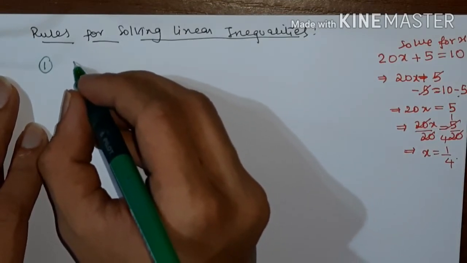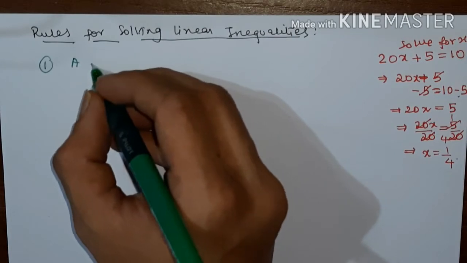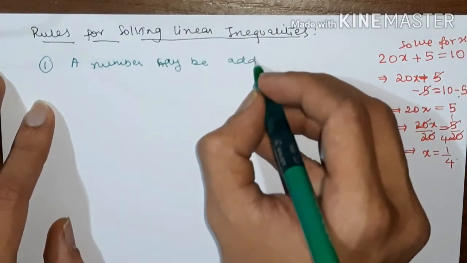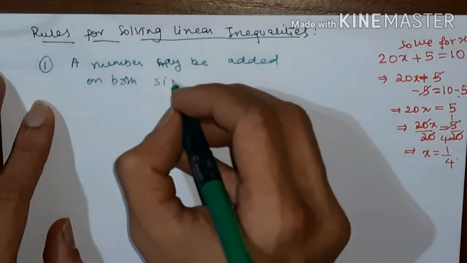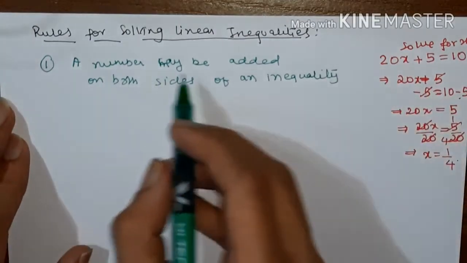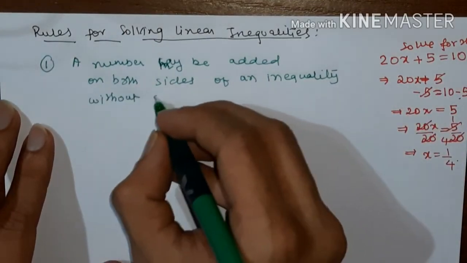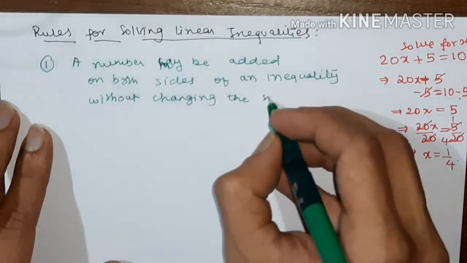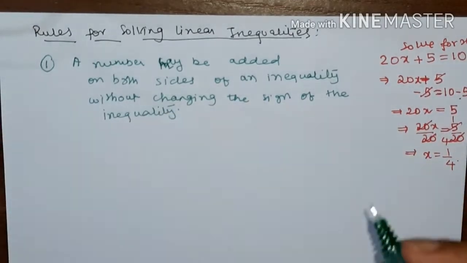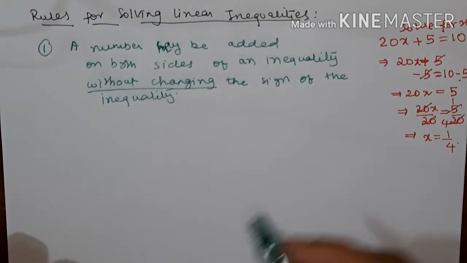Now the first rule is: a number may be added on both sides of an inequality without changing the sign of the inequality.